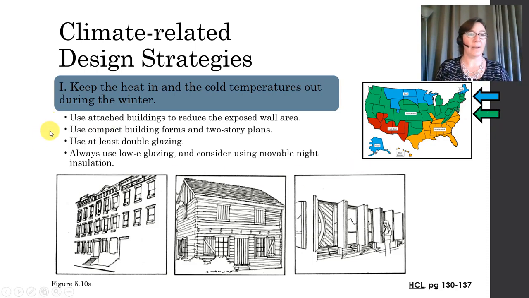And so we've got a couple of illustrations here. You can use attached buildings to reduce the exposed wall area. You use compact building forms, which include two-story plans to collect that heat, double glazing and low E glazing, and you might need some night insulation, and that's shown by these shutters here.